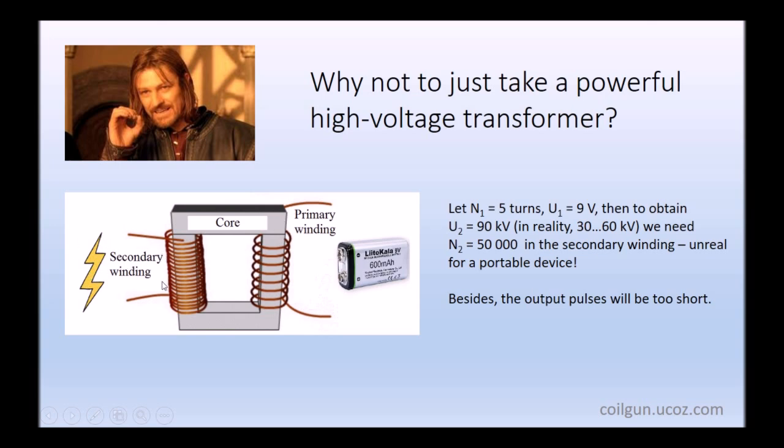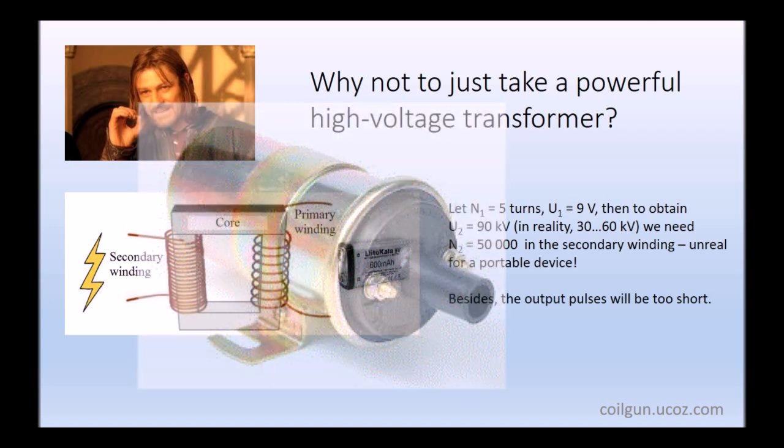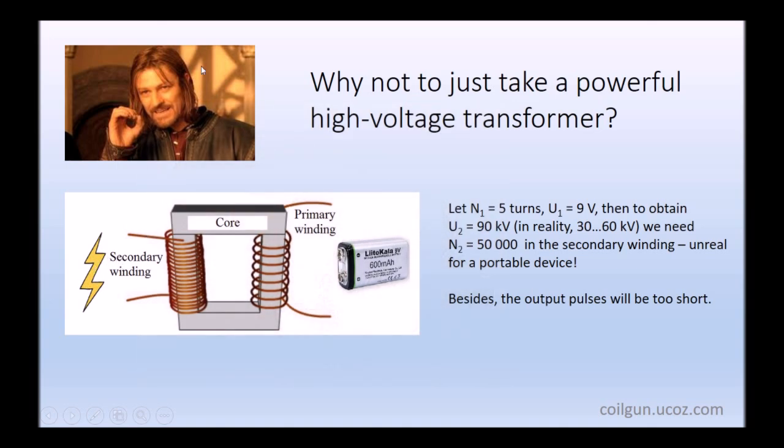And why can't we try to use it as a shocker? Some developers do that with, for example, an automobile ignition coil, and are very surprised why the sparks are so short on the output. Okay, let's do a simple calculation.